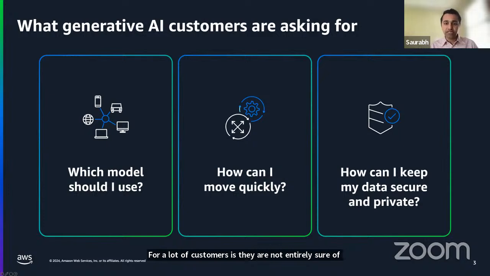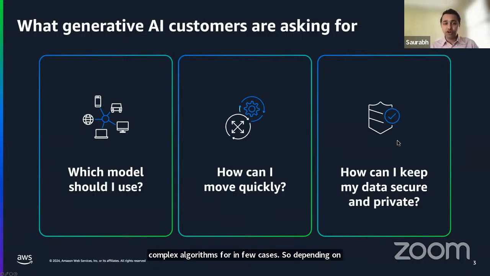There is an array of large language models, and they differ in capabilities. For some use cases you want to focus on latencies and other aspects, while in others you want to focus on core capabilities around complex algorithms. So depending on your use case, you want to select that large language model.